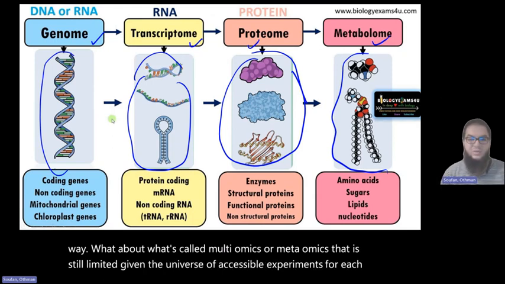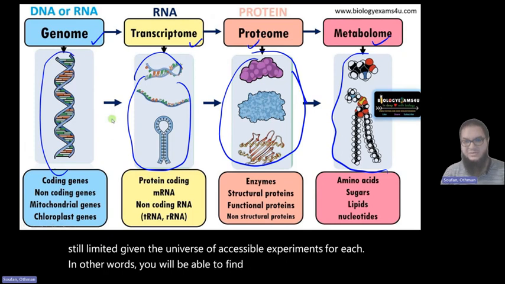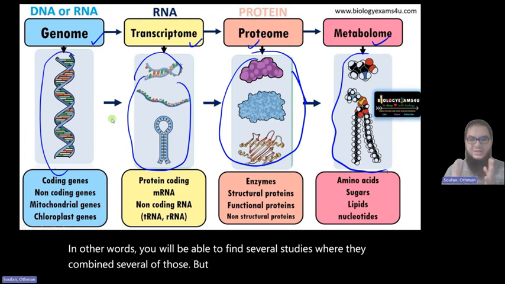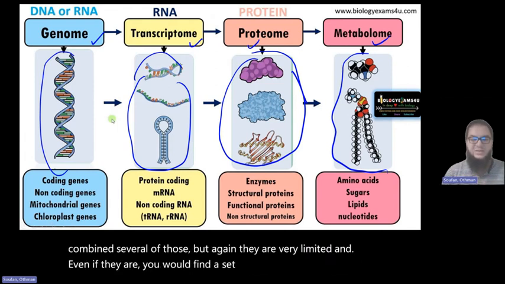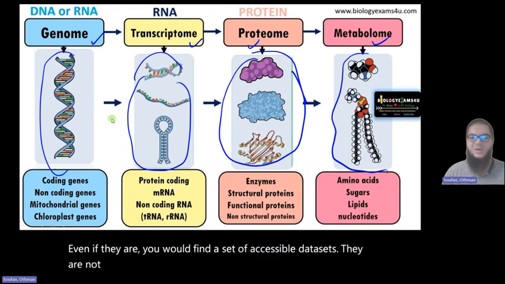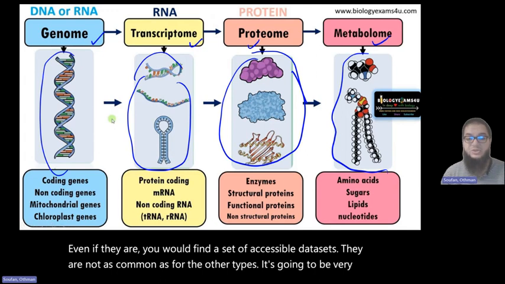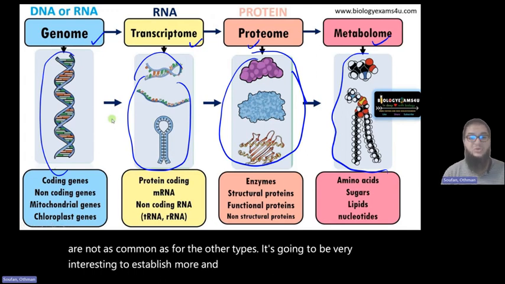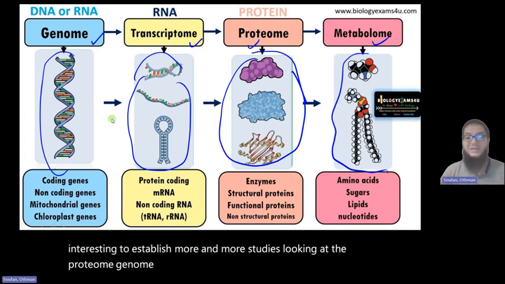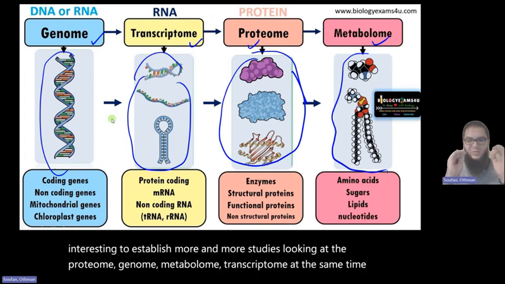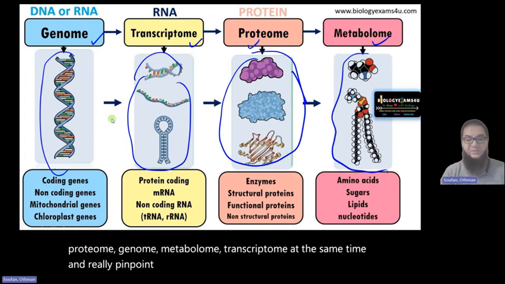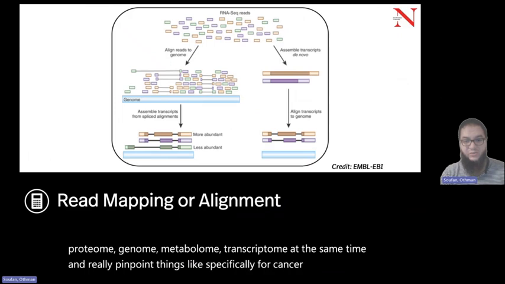In other words, you will be able to find several studies where they combined several of those, but they are very limited, and even if you find a set of accessible data sets, they are not as common as for the other types. It's going to be very interesting to establish more and more studies looking at the proteome, genome, metabolome, and transcriptome at the same time, and really pinpoint things specifically for cancer diseases and so on and so forth.